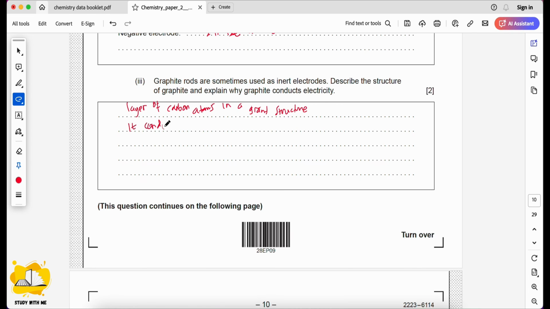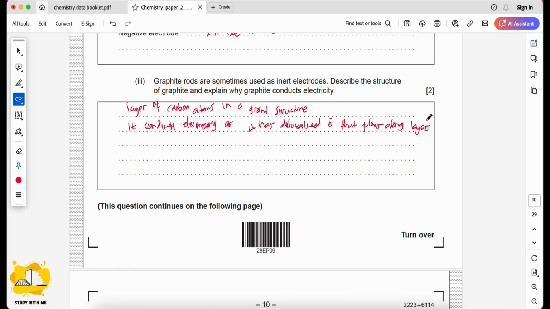It conducts electricity as it has delocalized electrons that flow along the layers. Graphite consists of layers of carbon arranged in a hexagonal lattice structure.